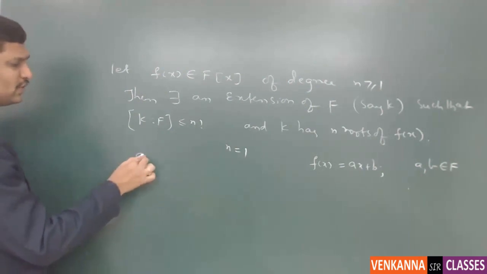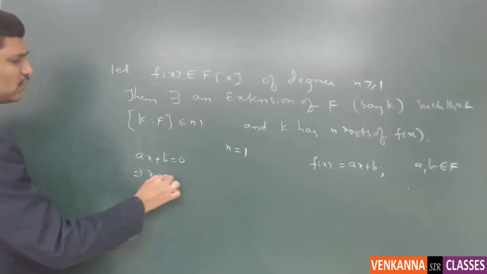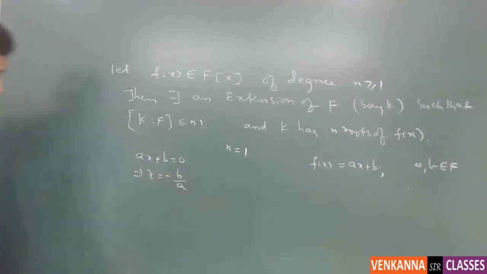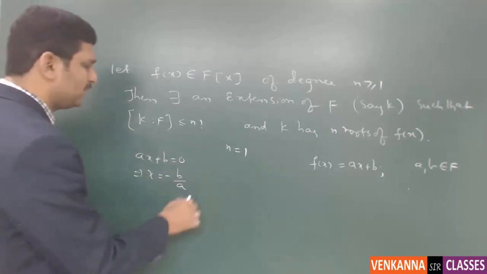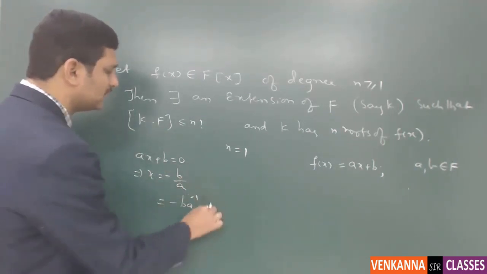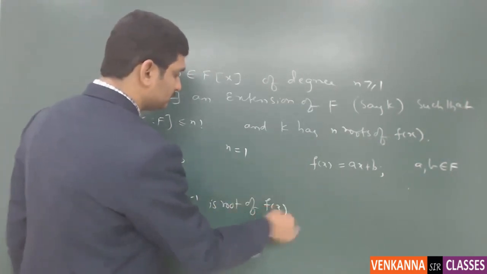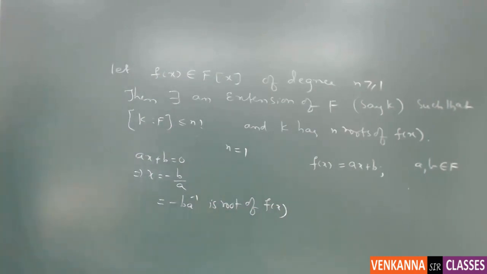If you make that equal to 0, ax plus b equal to 0 implies x is equal to minus b by a. Accepted? Now this value minus b by a, in other words minus b into a inverse, is a root of f. If you substitute minus b a inverse, you are getting 0. Yes or no?